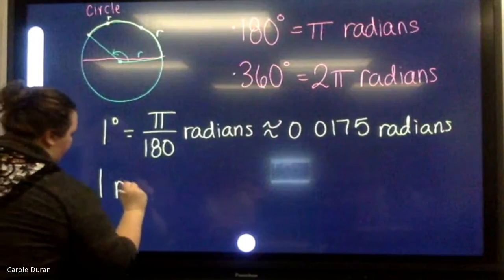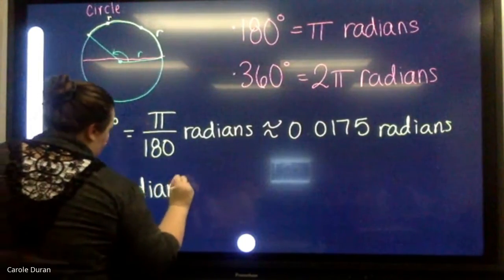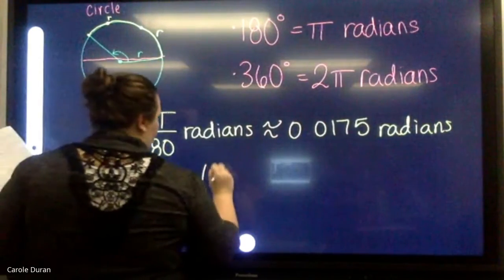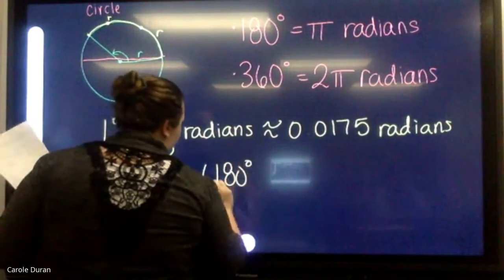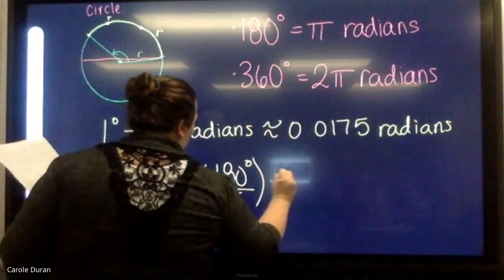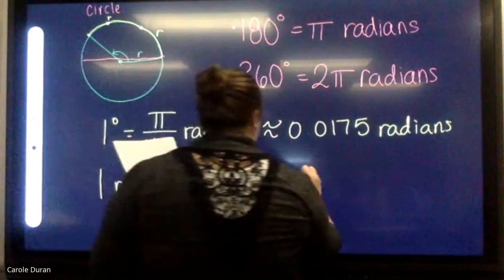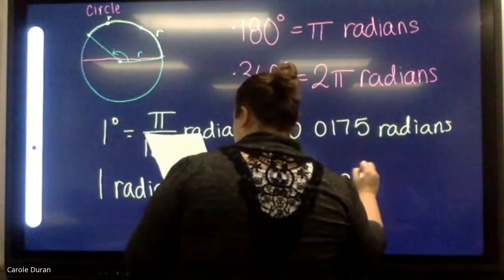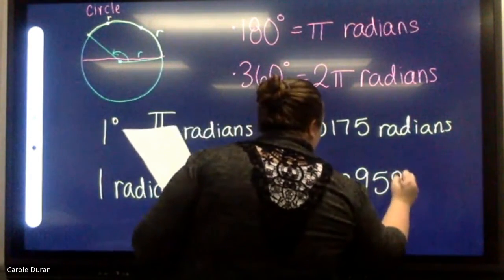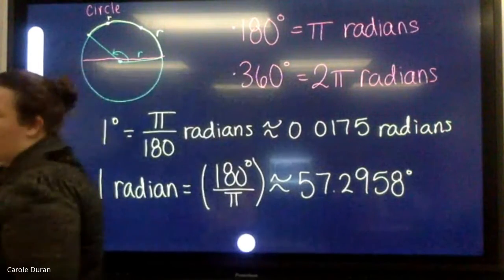And 1 radian is equal to 180 degrees divided by pi, which is approximately 57.2958 degrees, which is the conversion you guys use in physics.